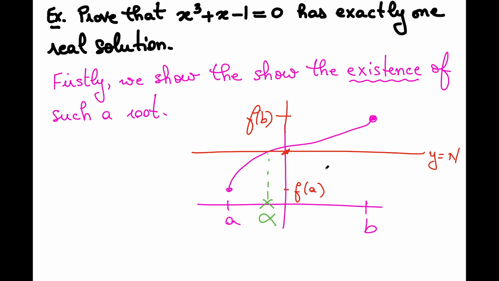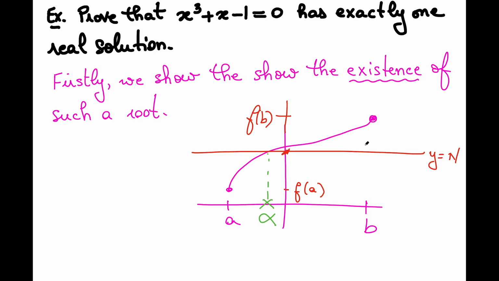In particular, if this horizontal axis is that line, so if the function goes from one side of the x-axis to the other, let's say from the lower half plane to the upper half plane, or the upper half plane to the lower half plane, then somewhere it must cross the x-axis. Correct?